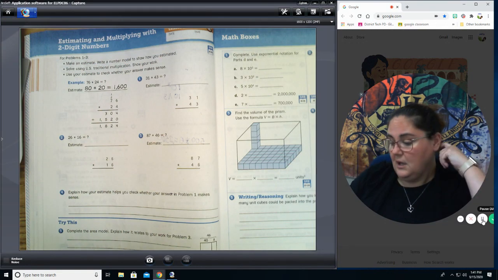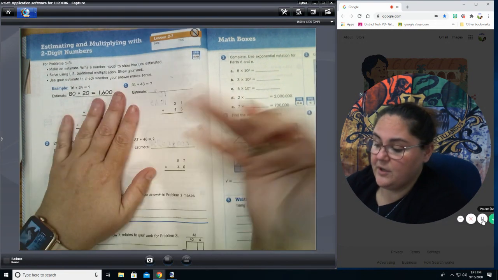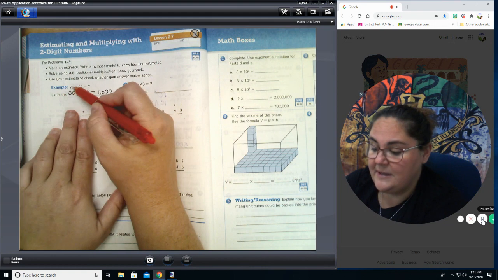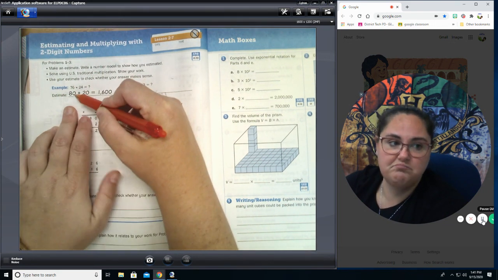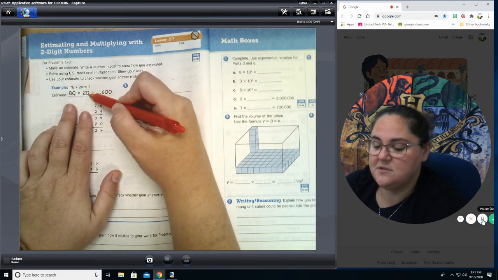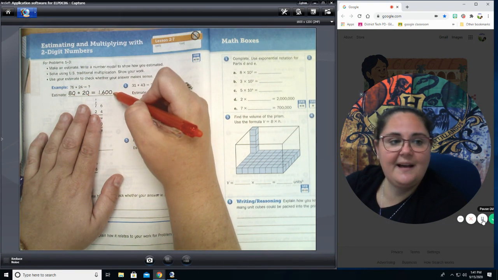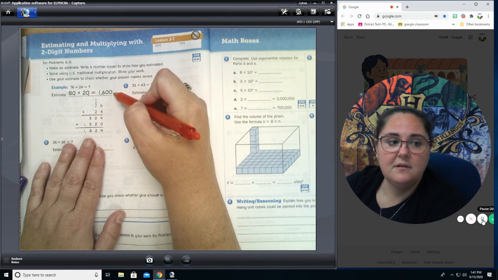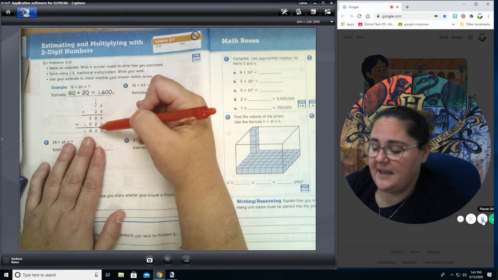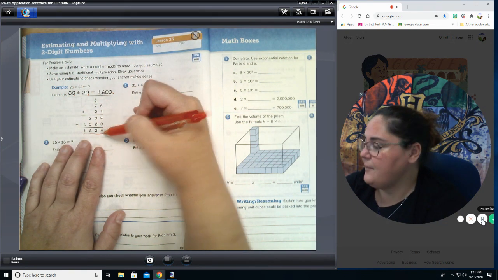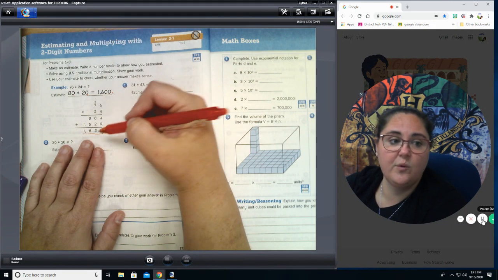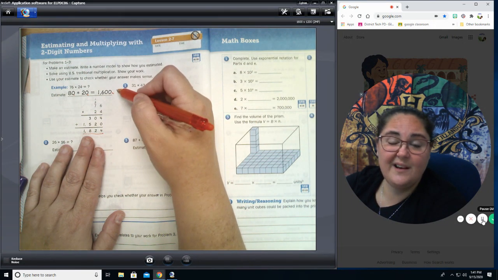Okay? So it gives you a sample, and we're going to start with that sample, and we're going to look at it. So it said 76 is close to 80. Yep. 24 is close to 20. Yep. And if they multiply that together, you get 1,600. After they did the whole multiplication process, they ended up with 1,824. Is that close to 1,600?